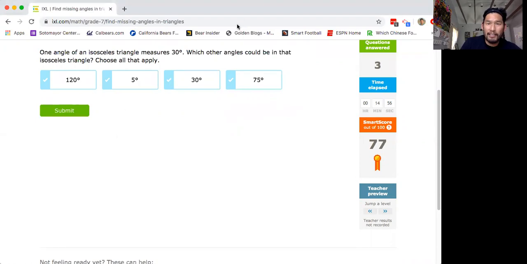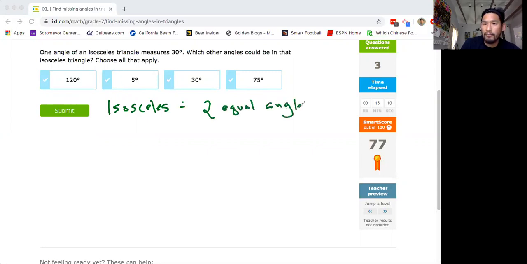And isosceles means, once again, two equal angles inside your triangle. Now, here's what's interesting about this one. There's two options here, right? You could say that one of the angles is 30 degrees and it's part of the pair that's an equal angle.